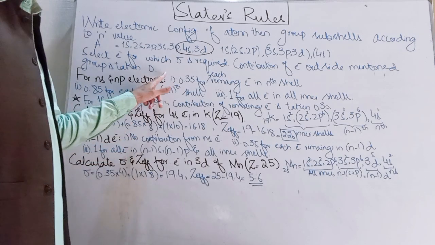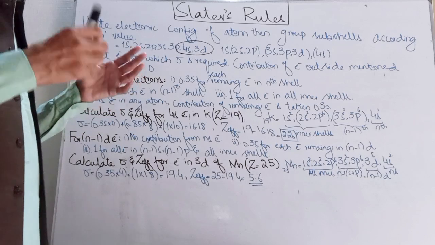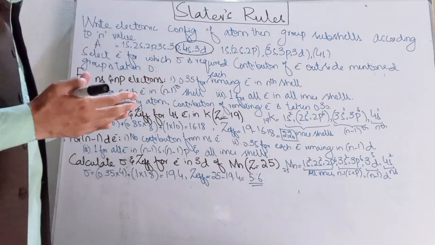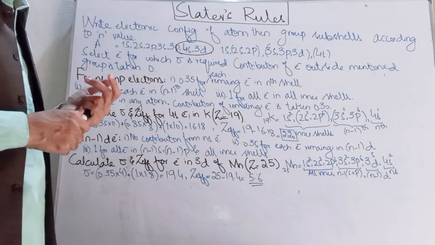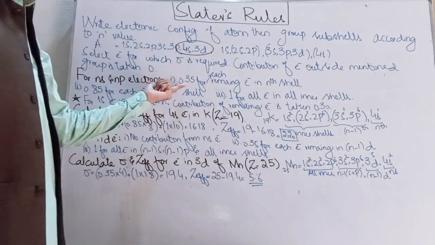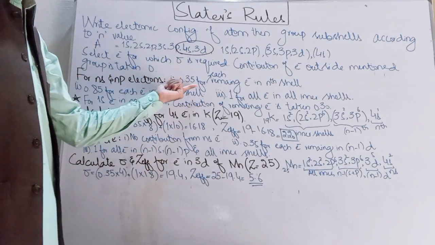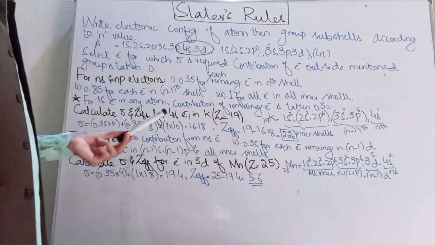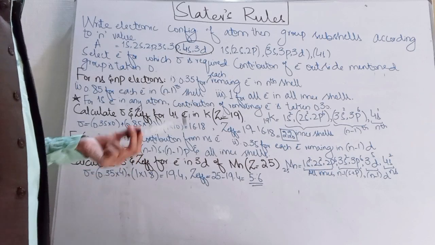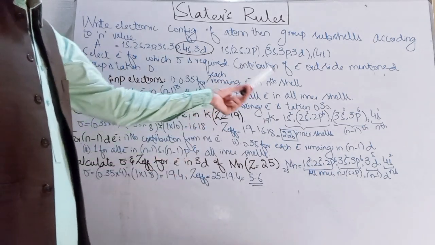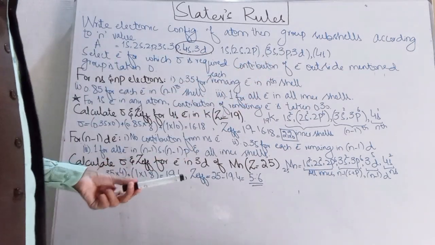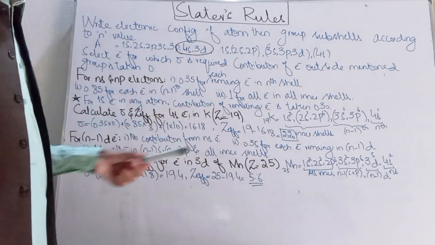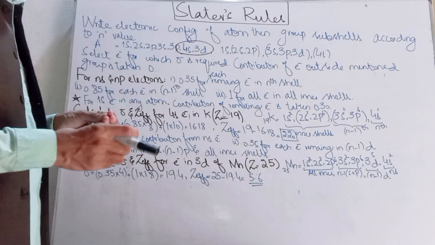The first rule says that we have to take the contribution of various electrons present in various subshells and shells for the calculation of the sigma value. So 0.35 contribution for each electron remaining in the nth shell. If we are calculating the Z effective or the sigma value for any electron present in the 3p, then the 0.35 value is taken for each remaining electron in the nth shell.